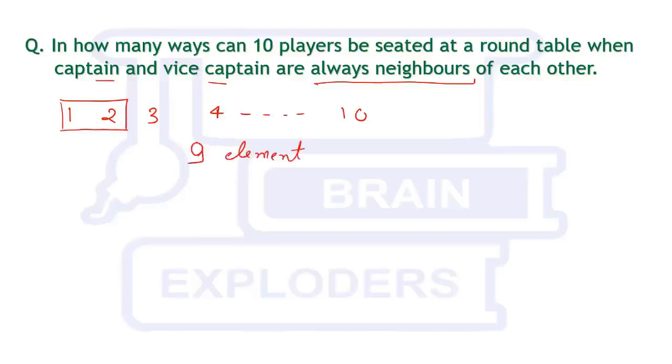For the circular permutation, we have (n minus 1) factorial ways, as we have just discussed. But this time within this box there are 2 possible permutations, 2 factorial. These are the number of ways in which 10 players can be seated at a round table when the captain and vice captain are always together, and that's it.